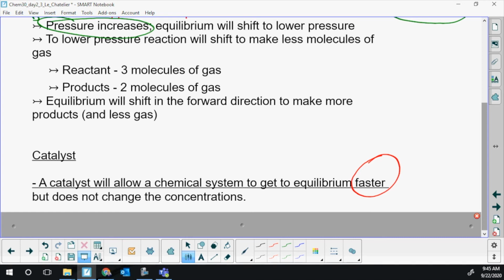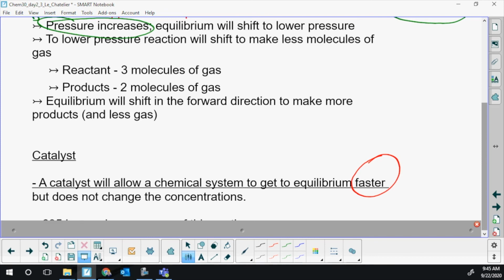If you're at equilibrium, you can't get anywhere faster. You're already there. If you're not at equilibrium, you'll get there a little quicker, but it doesn't change equilibrium values. We're not studying speed at all, so catalysts don't affect anything we're studying at this point. So catalysts are one thing that has no effect.